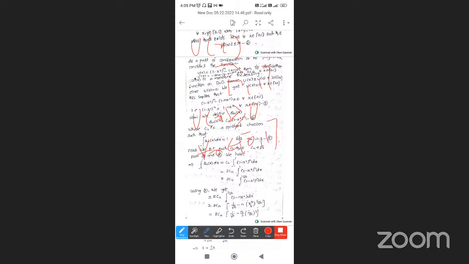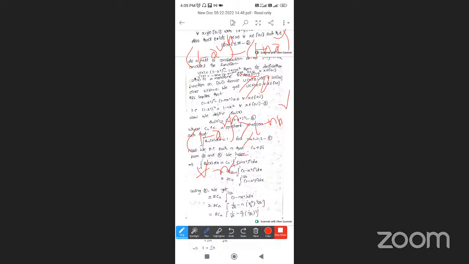Now since u of 0 is equal to 0, we get u of x greater than or equal to 0 for all x in [0,1], which implies that (1 minus x square) whole power of n minus 1 minus n x square is greater than or equal to 0 for all x in [0,1]. So (1 minus x square) whole power of n is greater than or equal to 1 minus n x square for all x in [0,1]. This is the third equation.